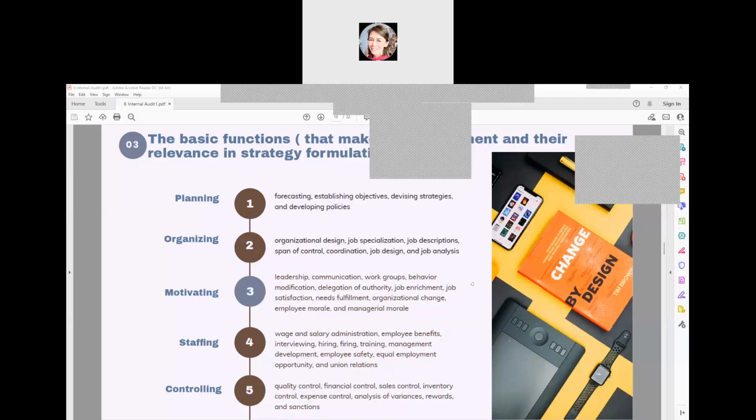So these are pertinent questions that need to be answered when we ask, okay, what is going on in this organization? Why is this basic function working in there?